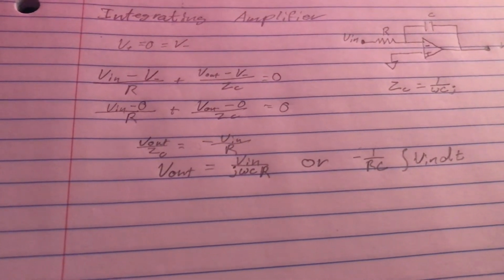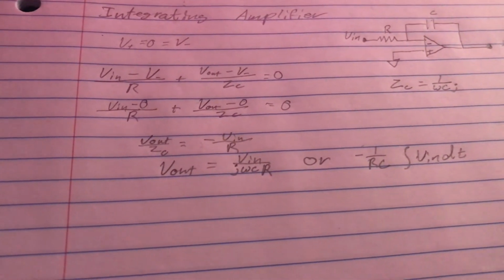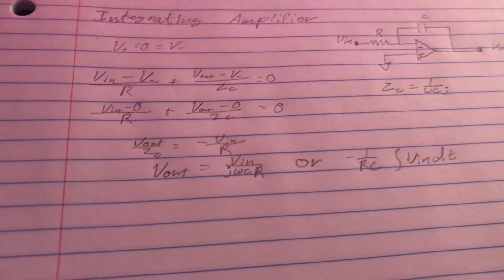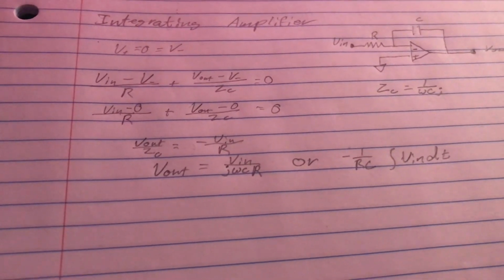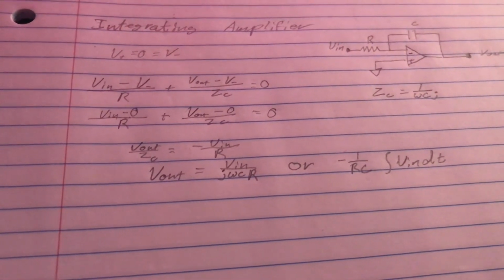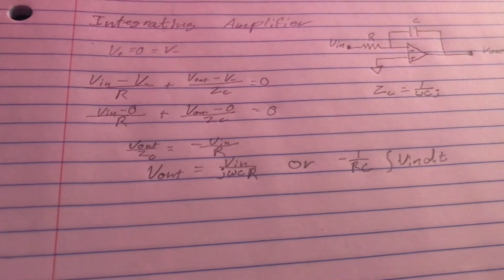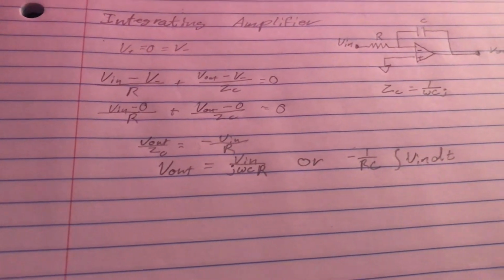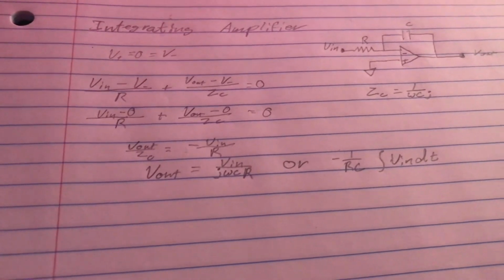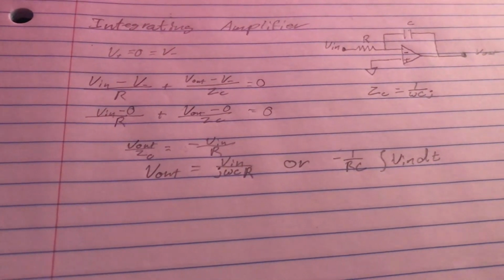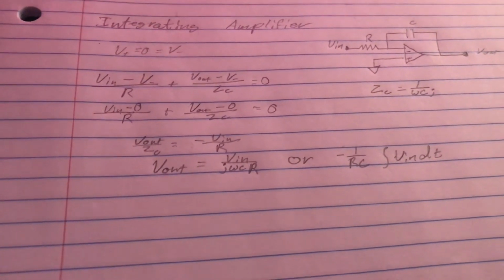Since V minus equals 0, and then doing algebra, we get a V out of V in over j omega C, where j is the imaginary number, times R, or the negative 1 over RC integral of V in with respect to time.